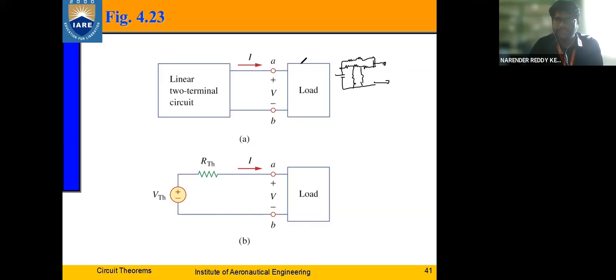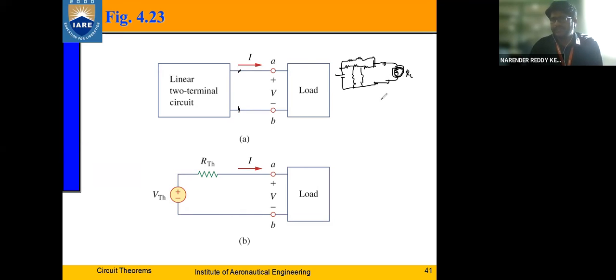Let these two terminals be these, right? But I'm not interested in the whole circuit, I'm interested in finding the current through this resistor. So I consider this as RL, the load resistance.